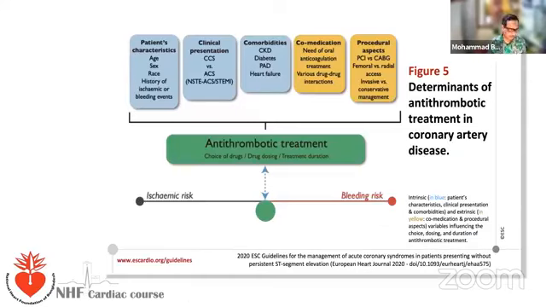Now, before you start antiplatelet or antithrombotic therapy, we should assess ischemic risk and bleeding risk. How can we assess it?